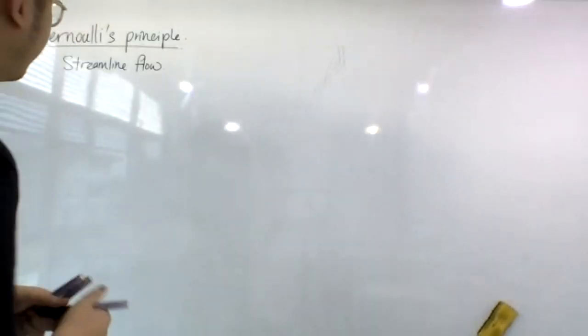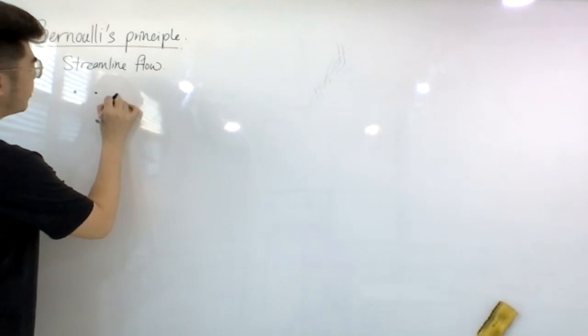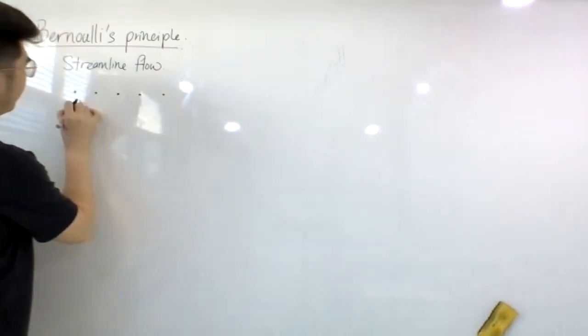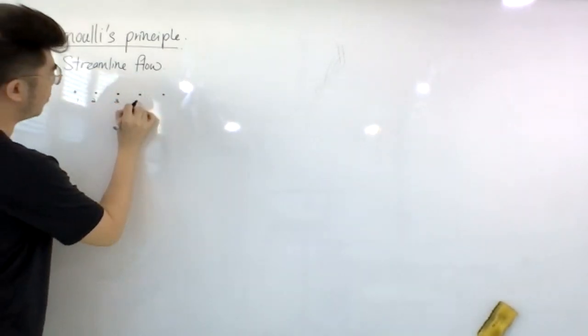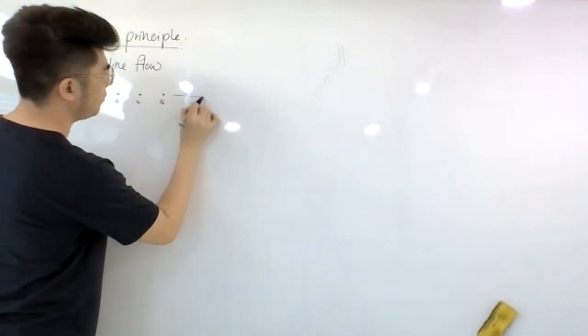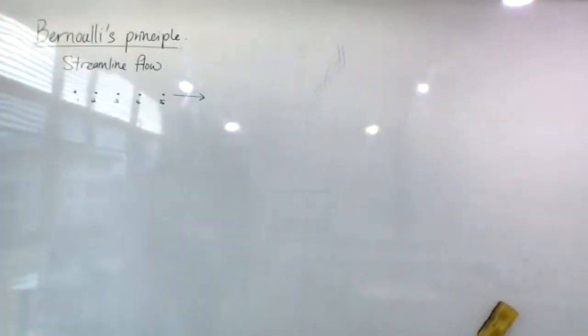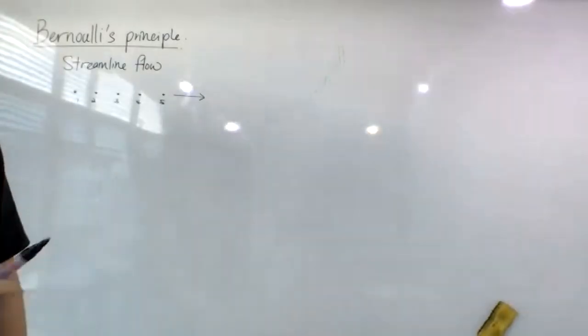So what happens in a streamlined flow is, let's say we have 5 particles. I will make here 1, 2, 3, 4, 5. We have 5 water molecules flowing in one direction. After a certain period of time, the order of the particles is still the same.